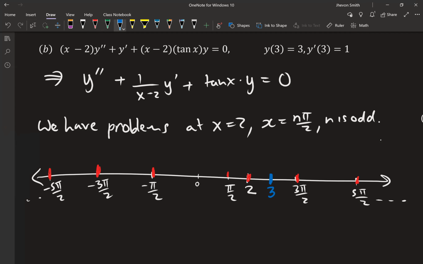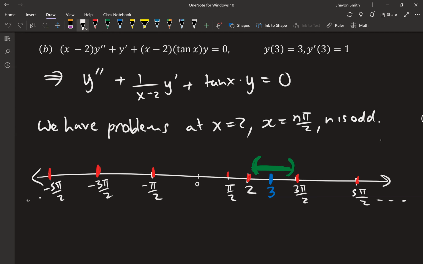Because 3 pi over 2 is 4 point something. It's bigger, right? So it means that this is the interval that can get me what I want, the open interval. So you find all the problem spots. You find the largest interval that has your initial condition, the input part of your initial condition, in it.